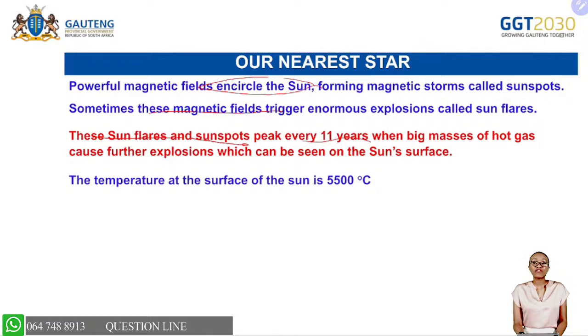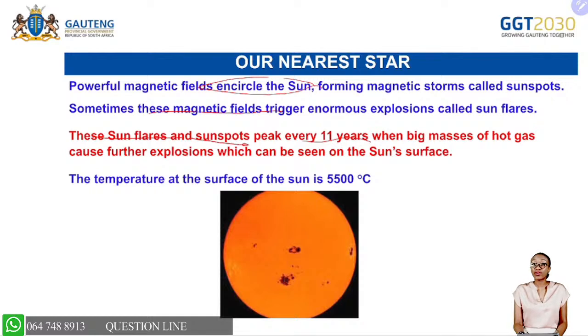Actually, it is 5,500 degrees Celsius. That's how hot the surface of the sun is. Can you imagine? Whenever we have a temperature of 30 to 35 degrees Celsius, it feels extremely hot to us. So can you imagine, the closer and closer we move towards the sun, how hot it is?